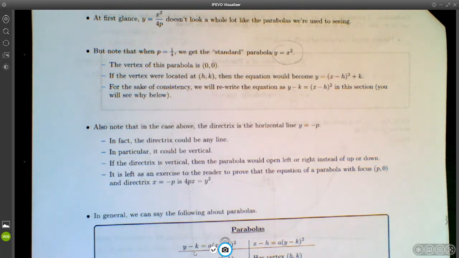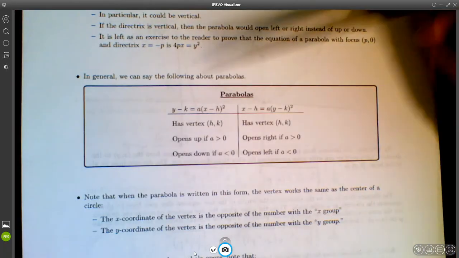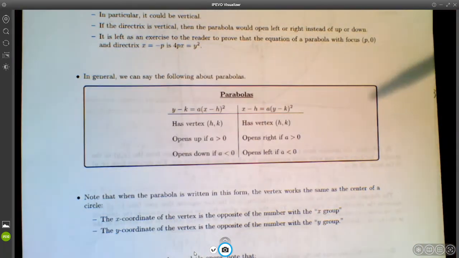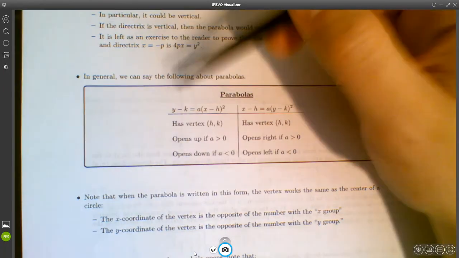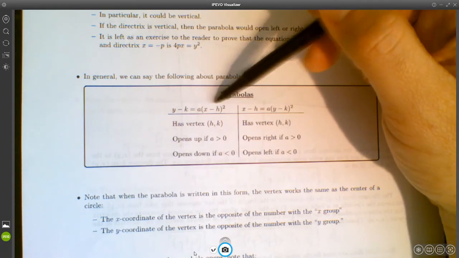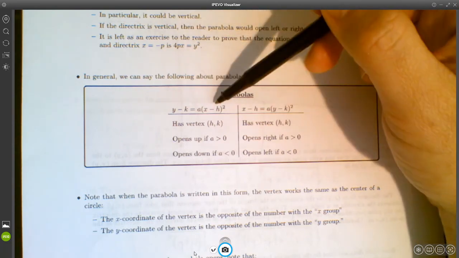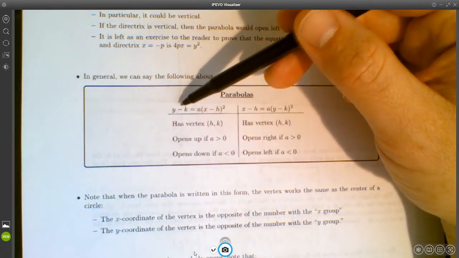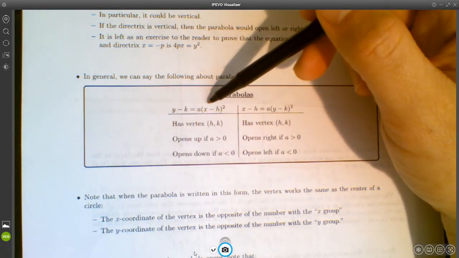So in general, here's how I think about parabolas, because usually this is the way that you're actually going to see them, in one of these two formats. If your y group leads, so if you have y equals a x squared, basically, if you strip all the other stuff away, then that's going to be a parabola that either opens up or down.